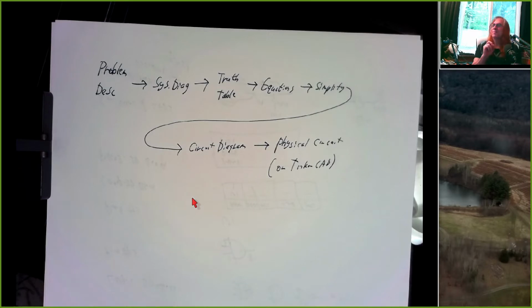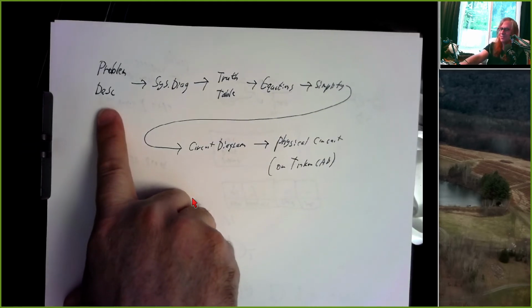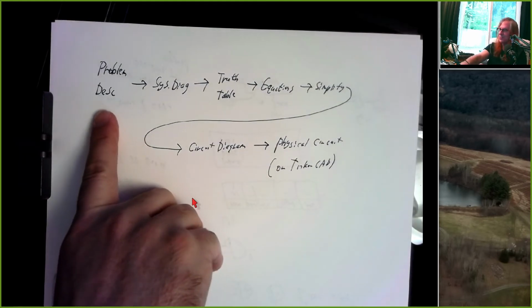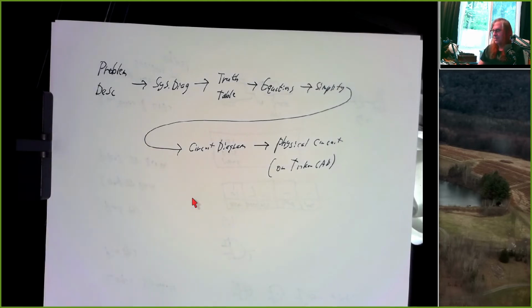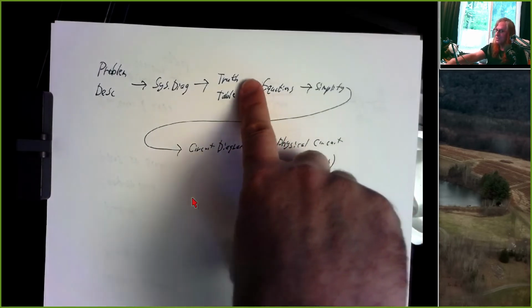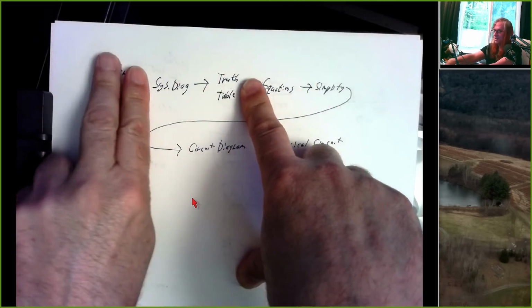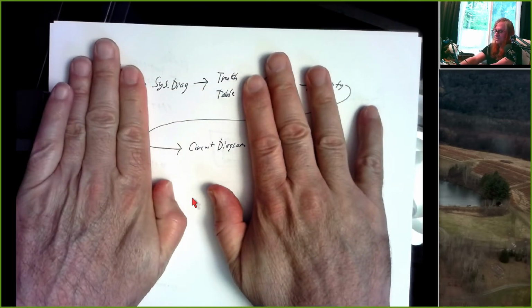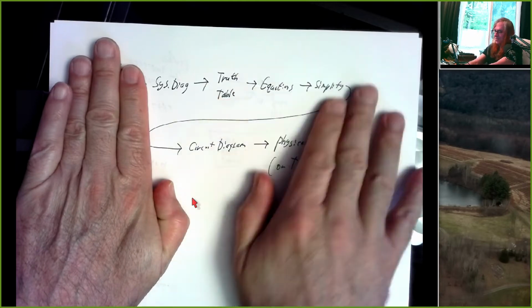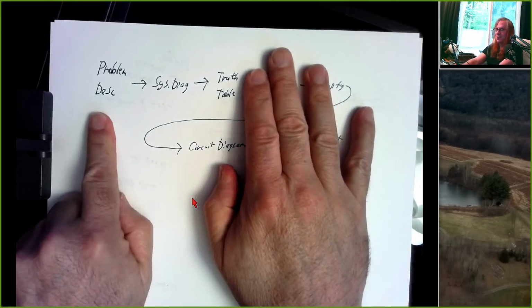And one way to think about this, as far as, do I have the right information? The problem description is what the customer gives you. Hey, I need a traffic light controller, here's what it should do. Alright, you come up with a system diagram and a truth table based on the problem description. Once I've got these things, the rest of this can happen without knowing anything about the problem description.